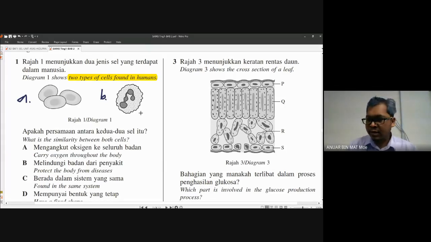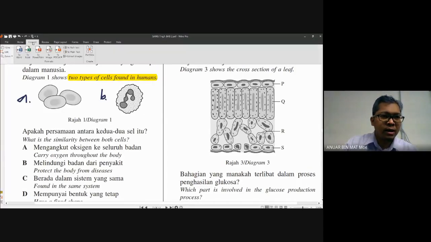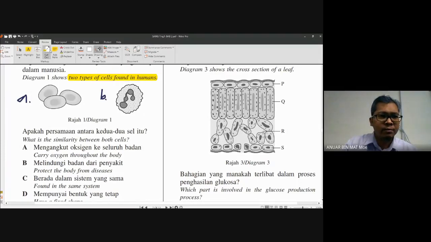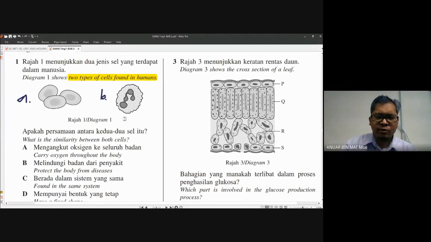For example, question number 1 here, right? So you know that cell A is red blood cell, and cell B is white blood cell. And then make sure you understand the function also. Red blood cell carries the oxygen. White blood cell fights disease or fights infection.